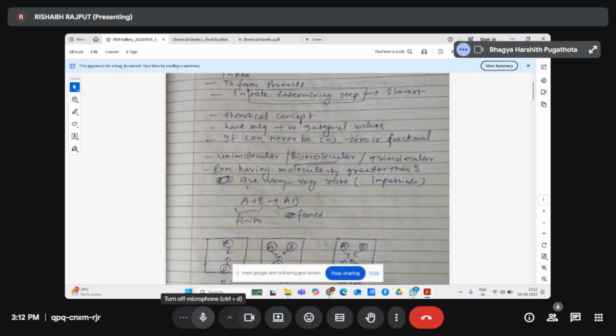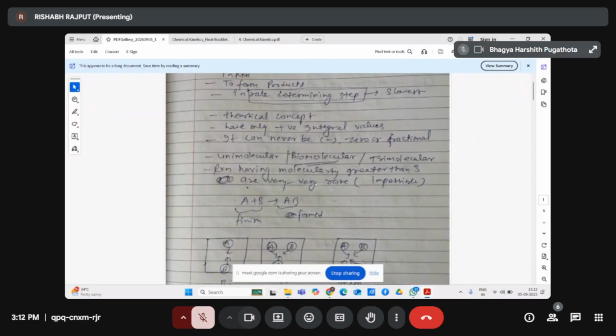One thing in molecularity: in chemical kinetics, reactions having molecularity greater than 3 are very rare, a very impossible chance. That is why in our syllabus up to 12th class we only study unimolecular, bimolecular, and trimolecular.